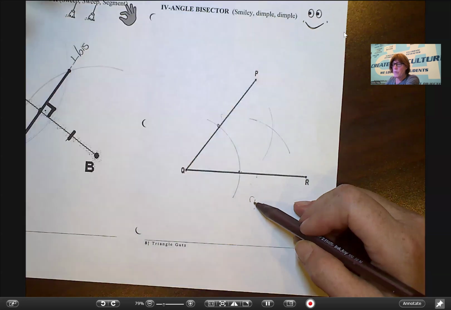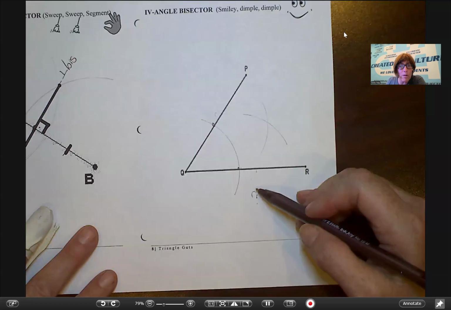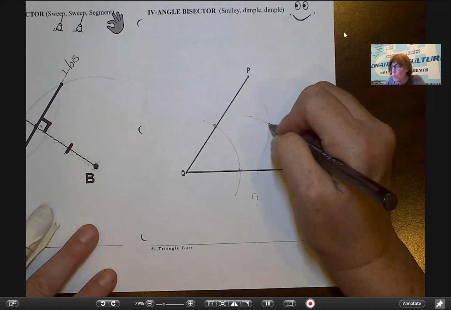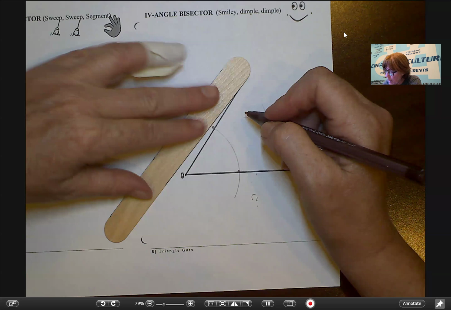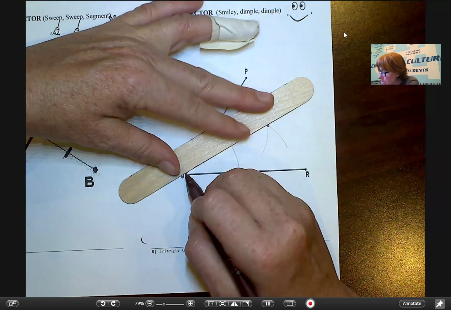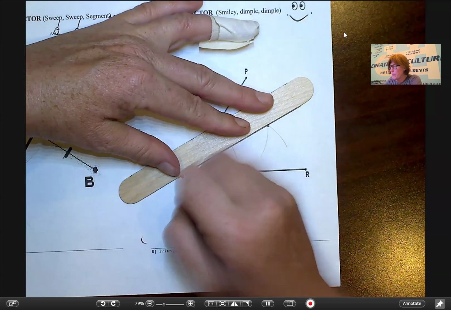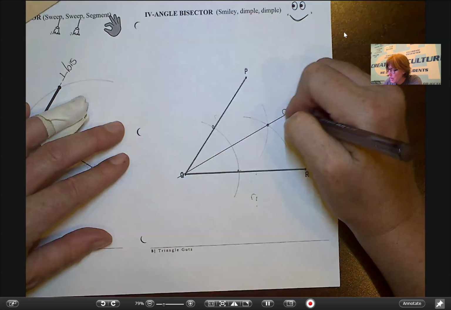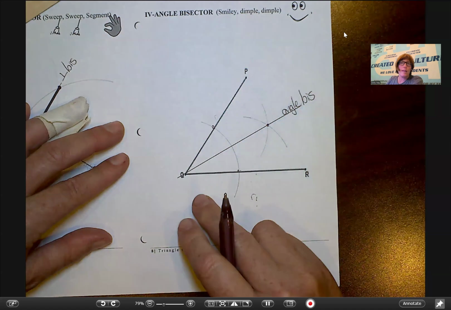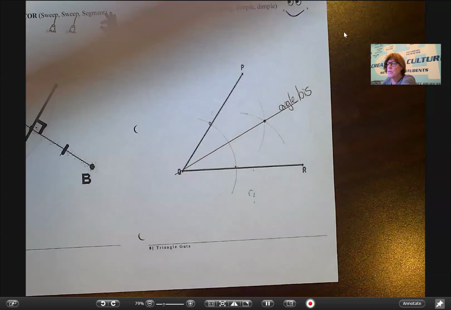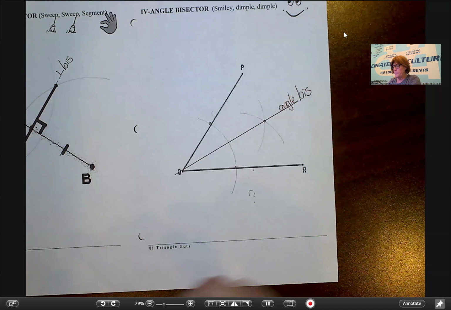Dimple, sweep. Smiley, dimple, dimple. You're going to have a point of intersection. Line that up. And you now have yourself a perfect angle bisector. I'm going to do that again using the paper twirl method.